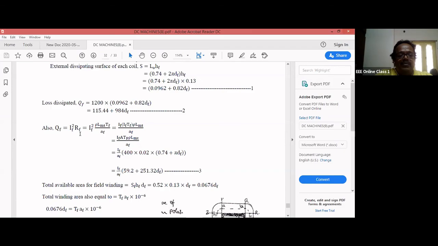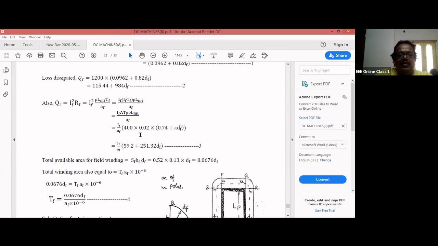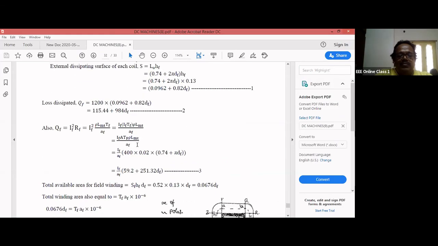QF is IF square RF. Substitute for RF, rho L MT TF by AF, and rearrange the terms. IF square we make IF into IF, so IF into TF is the ampere turns, times rho L MT by AF. Ampere turns is given as 4000.